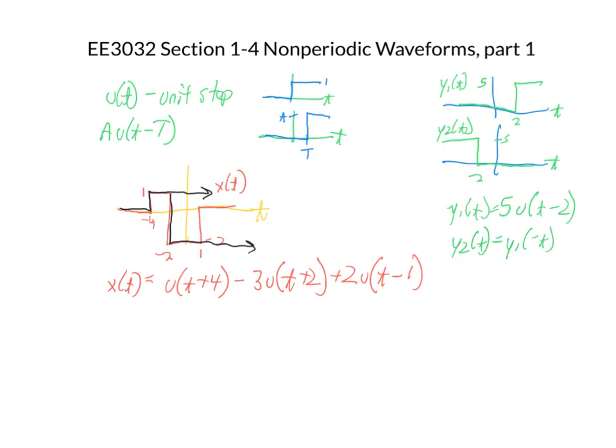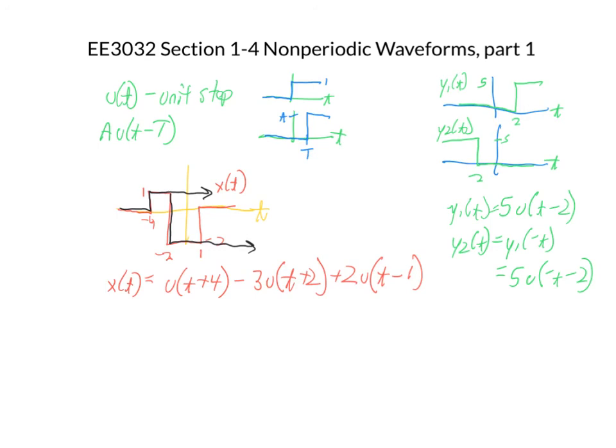So we take the expression for y1 and we replace all the t variables with negative t, and that's going to achieve our time reversal. So I have 5u of negative t minus 2. And that will give us the bottom graph.